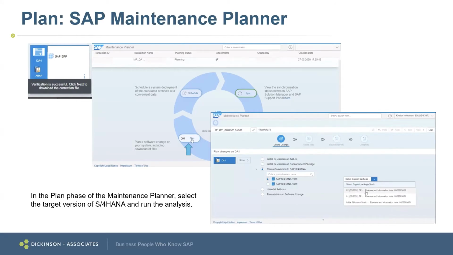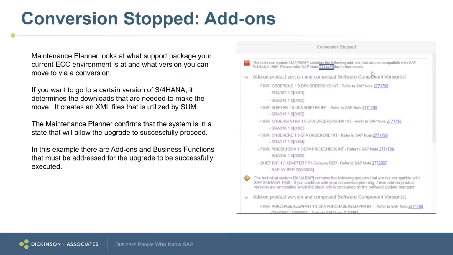So you will again select the version that you're looking to convert to, and it will ultimately give you an analysis of your system. That analysis will include the roadblocks that you face in completing an S/4HANA conversion. So it'll come back with, here are add-ons that have to be considered. It will come back with things related to business functions that need to be considered.